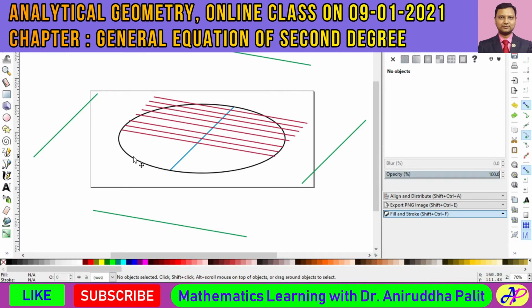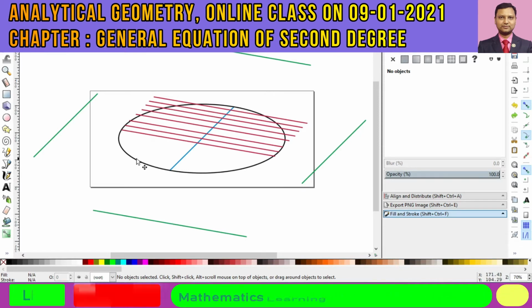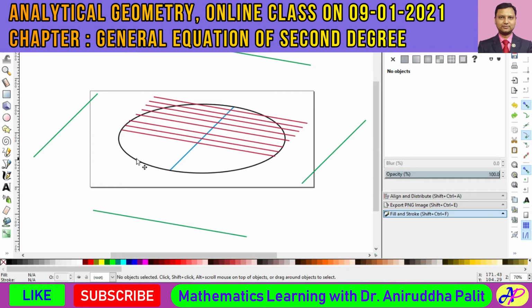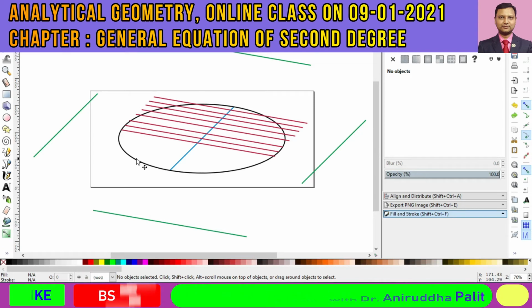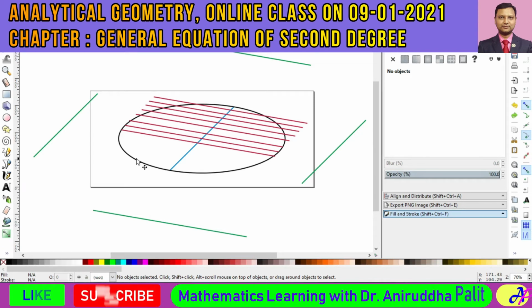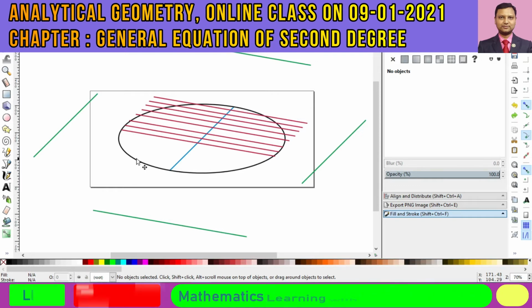But in case of a parabola, a diameter is always a straight line parallel to the axis of the parabola. We shall prove all these results one by one.